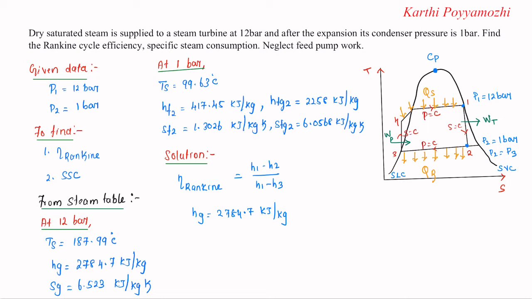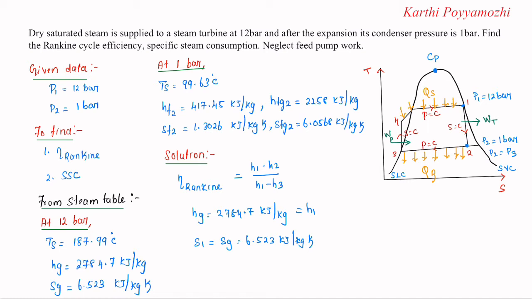And this enthalpy of the gas is equal to H1 since it is dry saturated steam where x is equal to 1. Therefore, we have the value of H1. In the same way, the value of S1 will be equal to Sg, which is equal to 6.523 kilojoule per kg Kelvin. So we have the values of H1 and S1.